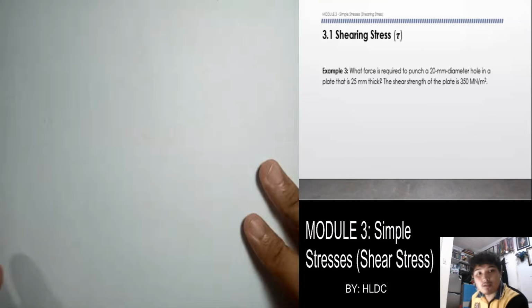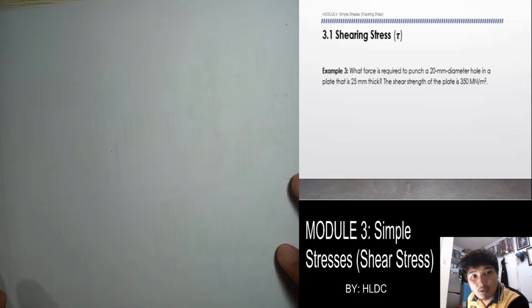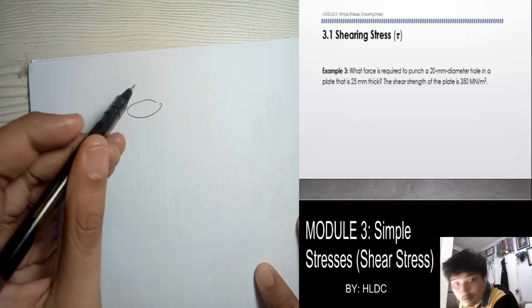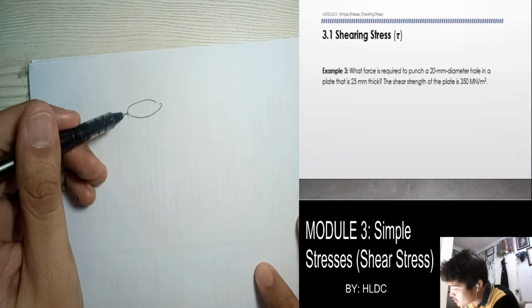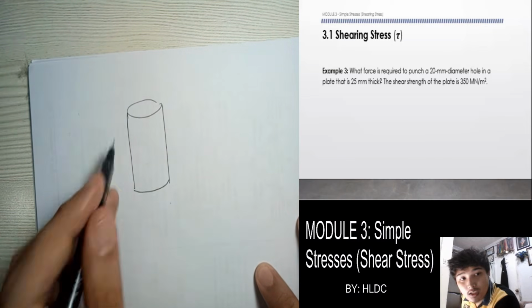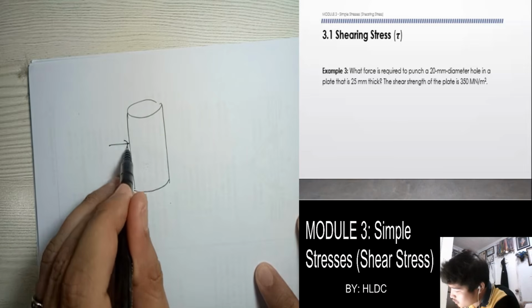So next, what force is required to punch a 20 mm diameter hole in a plate that is 25 mm thick? The shear strength of the plate is 350 meganewton per meter squared. Okay, so for number 3, so let's say ito yung pang-punch niya. Okay, and then anong sabi class? Ito daw is 20 mm.